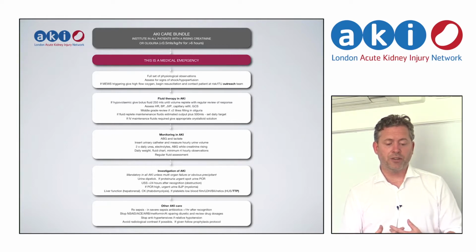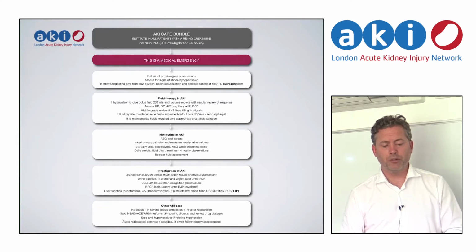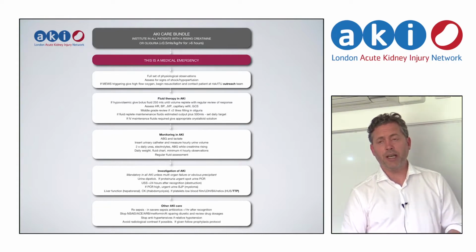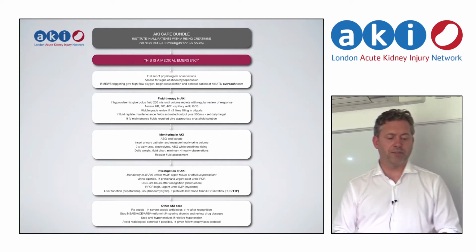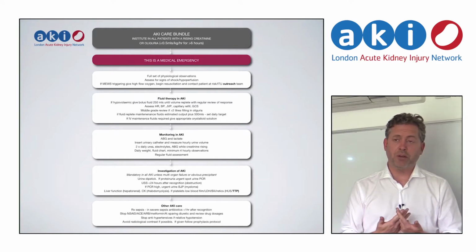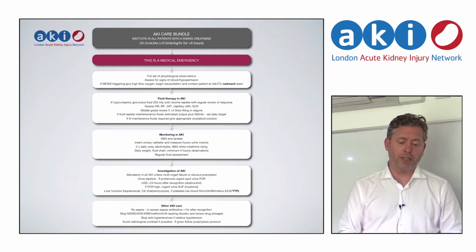And one can consider more specialist tests such as myeloma screening, autoimmune screening. Liver function, clearly hepatorenal syndrome, an important cause. CK in rhabdomyolysis, a very cost-effective blood test. We see rhabdomyolysis missed quite frequently in AKI.